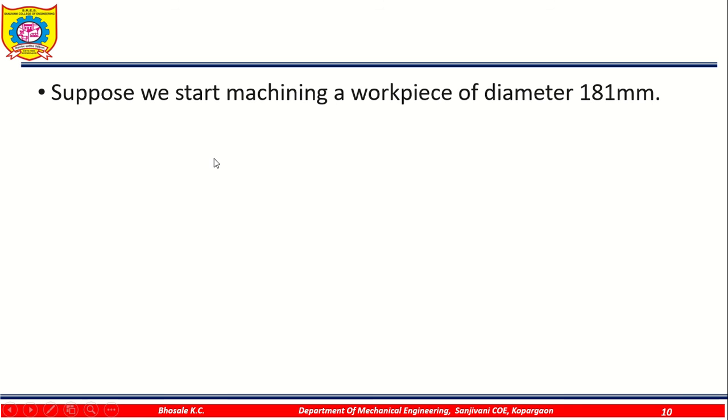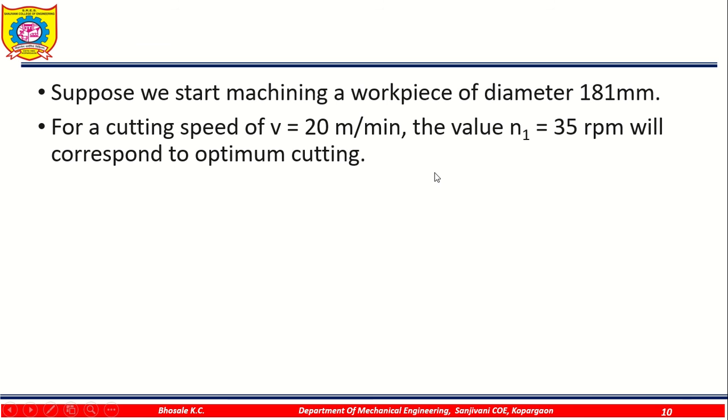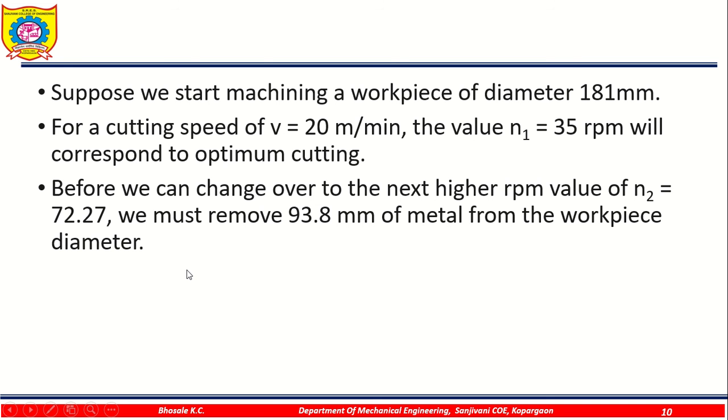Suppose we start machining a workpiece at 181 millimeters. For a cutting speed of 20 meters per minute, the value of N1 is 35 rpm, corresponding to the cutting speed from that table. Before we change over to the next higher rpm N2, we must remove 98.3 millimeters of metal from the workpiece.